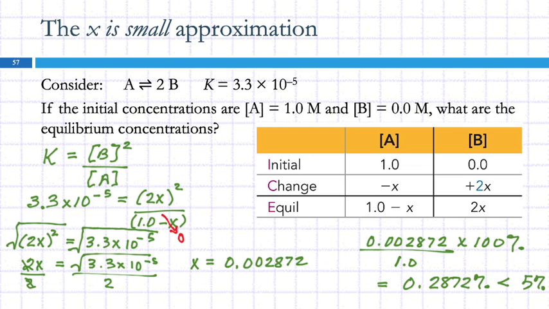If we think about significant figures, we've got 1.0 and we're subtracting 0.002872. All of these fall into no man's land, right? This 0 was uncertain. So we can do that subtraction on the calculator, 1 minus that number, and we get 0.997128.